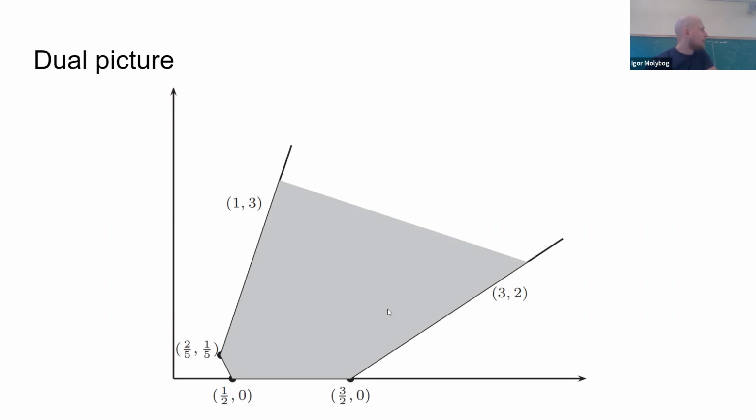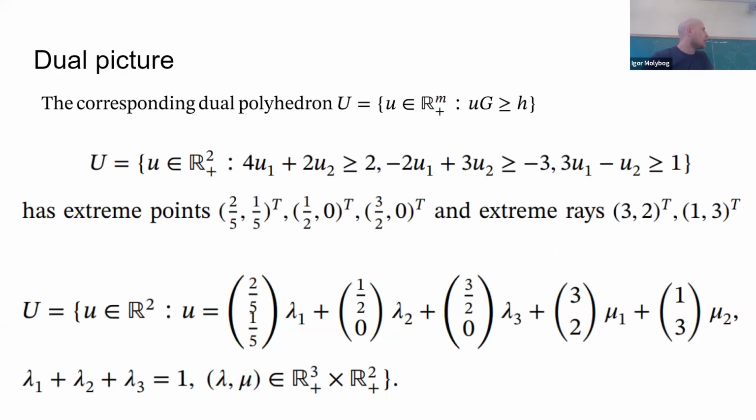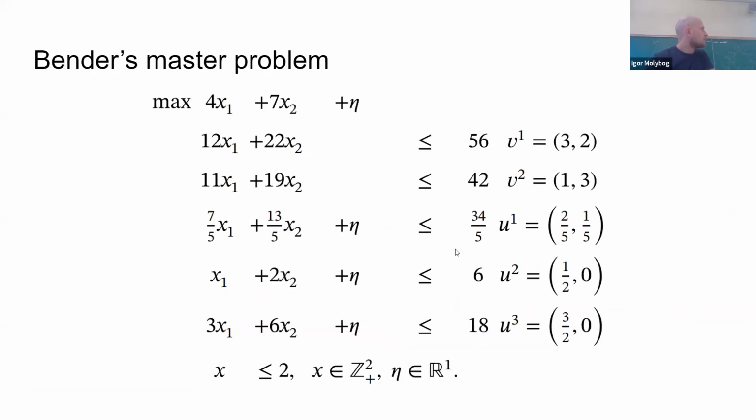We had a dual set U that looked exactly like this, and it had two extreme rays and three extreme points, and therefore our Benders master problem looked exactly like this.